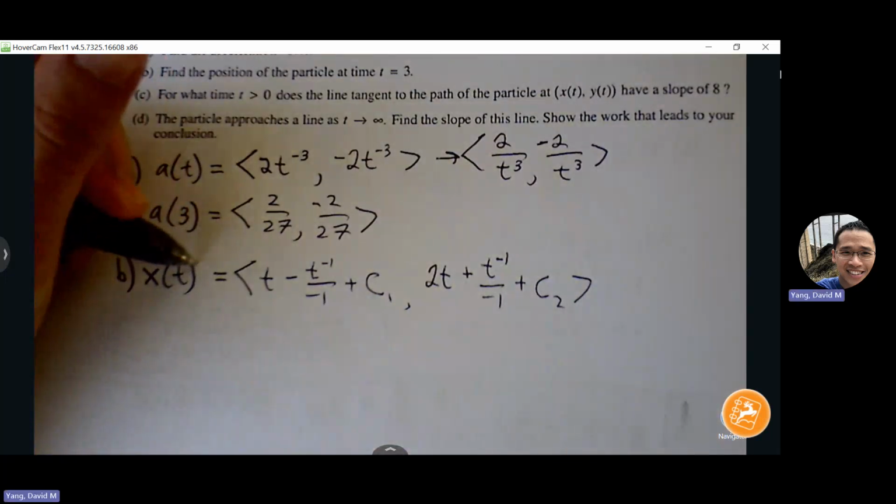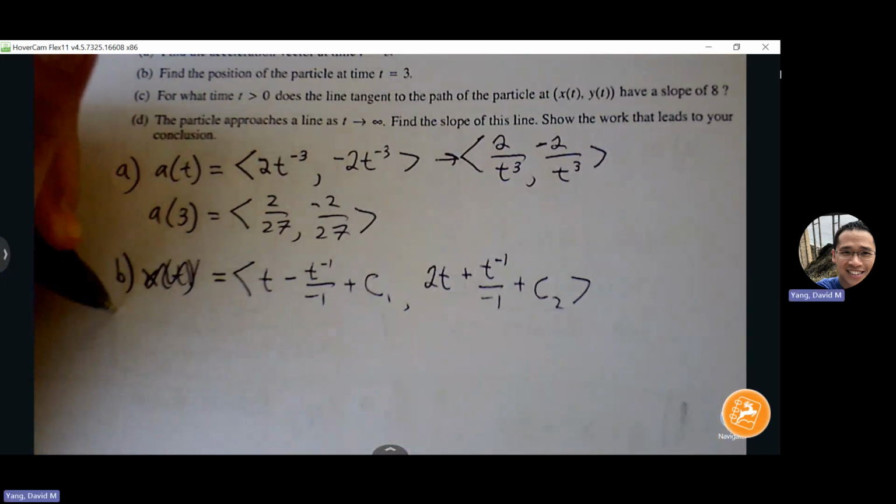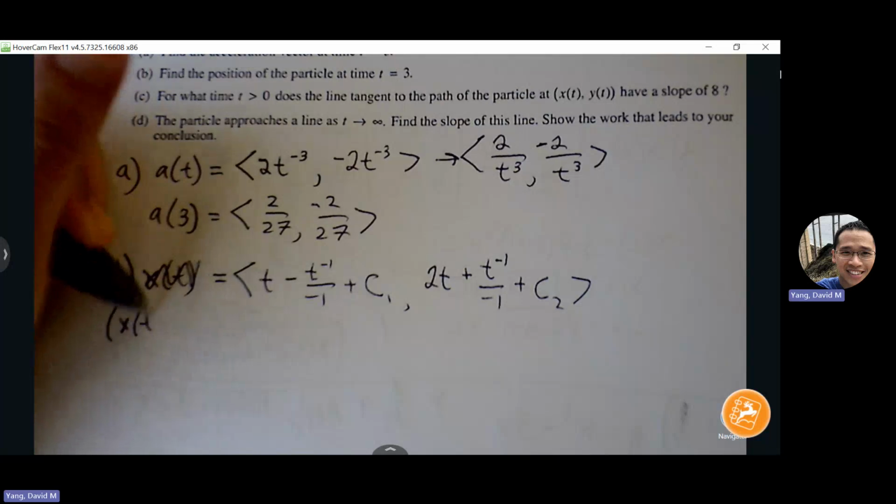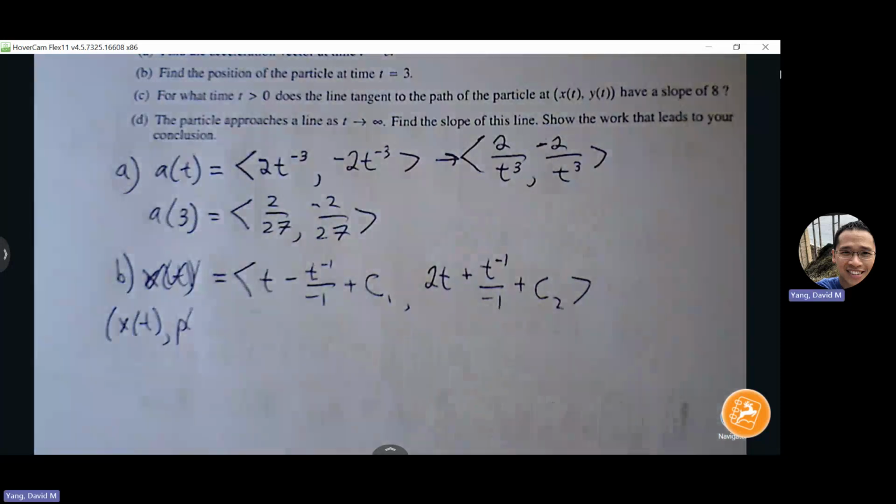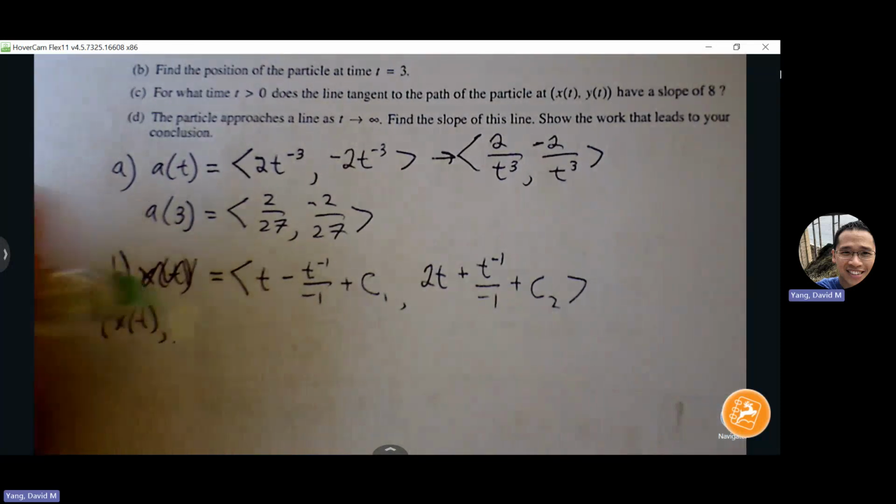I should be more specific here. This represents both x of t and y of t. The particle position has horizontal and vertical components, so I should call this x of t, y of t.